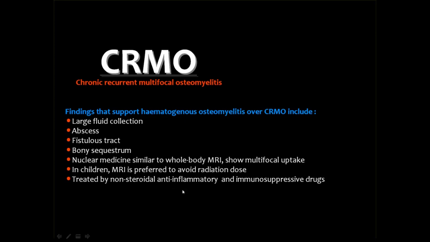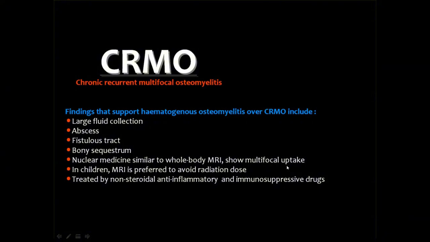Then the findings that can support the diagnosis of hematogenous osteomyelitis over CRMO are these: if there are fluid collections, abscesses, fistula tracts, bony sequestra, you suspect that this is not CRMO but hematogenous osteomyelitis.